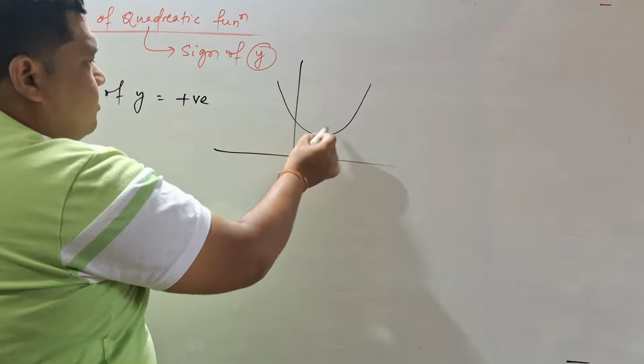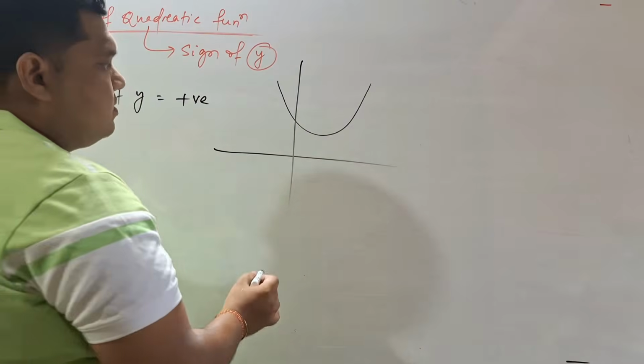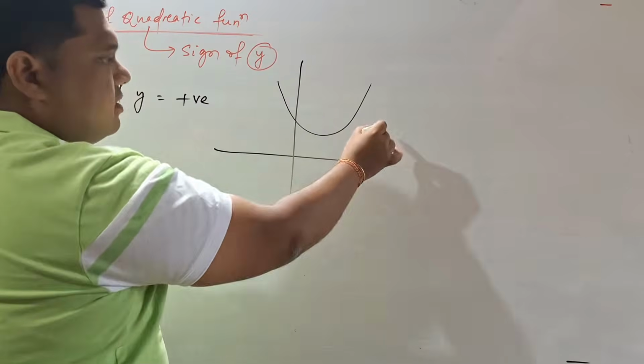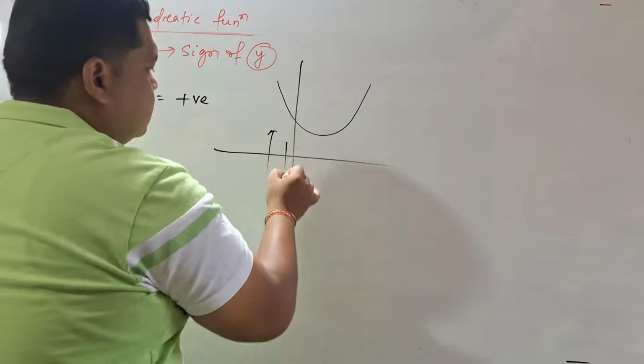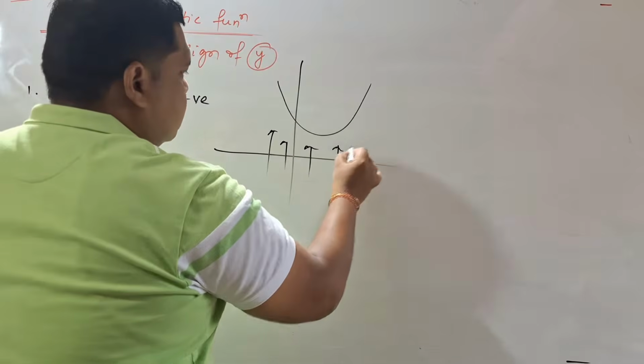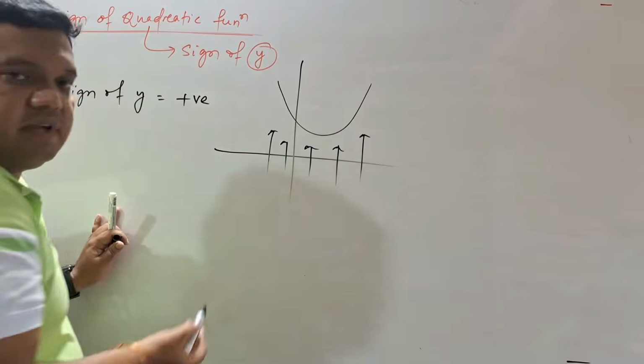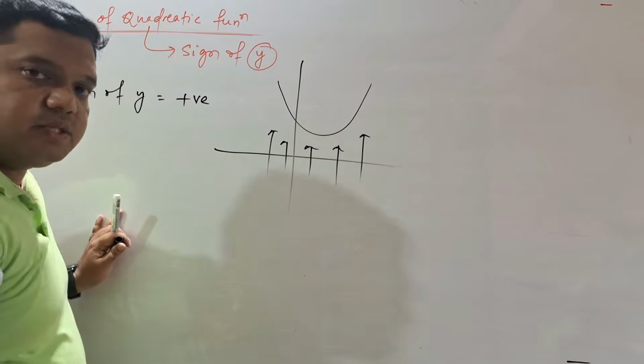Positive means at every value of x, y is positive. If I draw like this, it is the negative value. So positive means like this: after putting any x value, whatever y you get is positive.